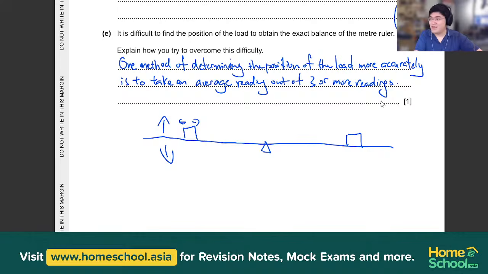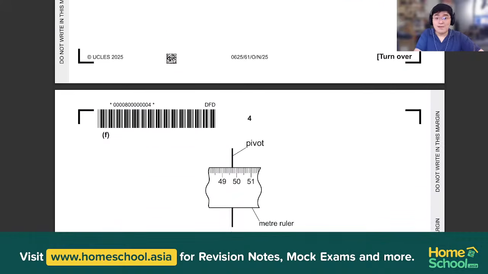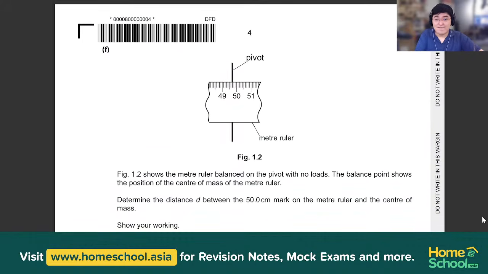Okay, right? This is just one method. There should be more, but as long as you have one of the more acceptable answers, you get your full 1 mark. All right. With that done, let's move on to part F.